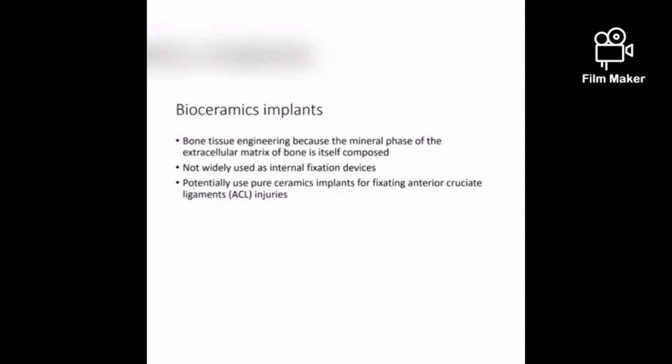It's not only costly, but it's also used as an internal fixation device, meaning the implants are used to overcome internal injuries, not external, such as anterior cruciate ligament (ACL) injuries, which are very common among footballers or athletes that injure their knee or their shoulder. This implant is very useful.